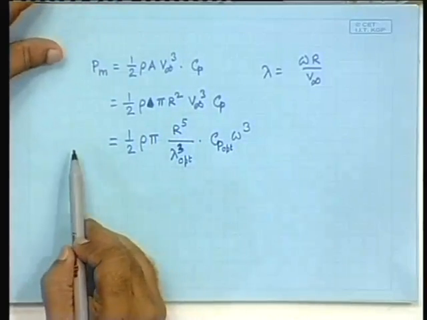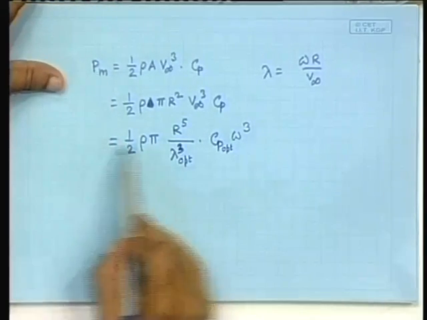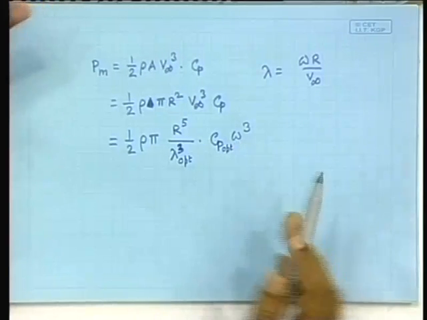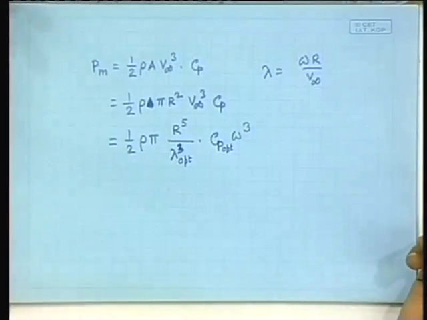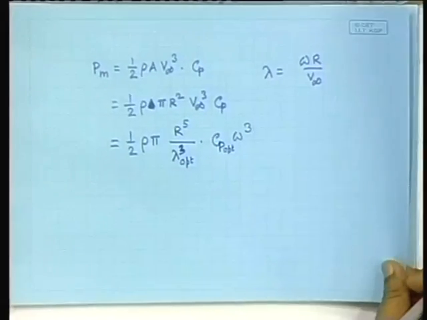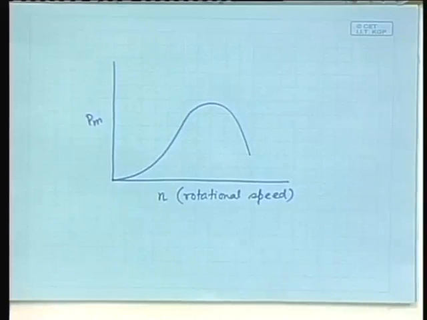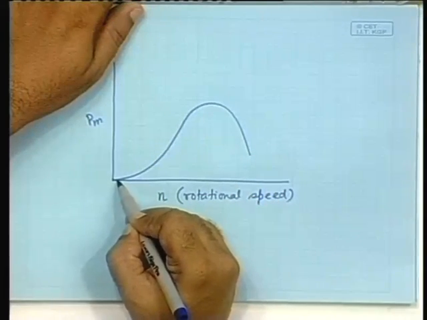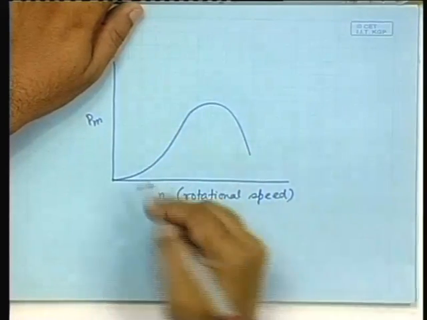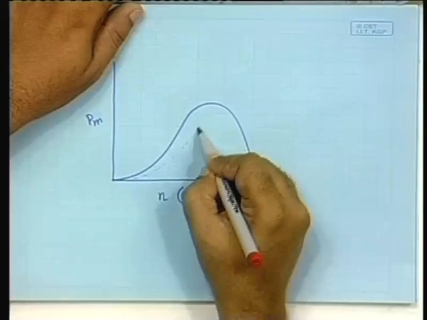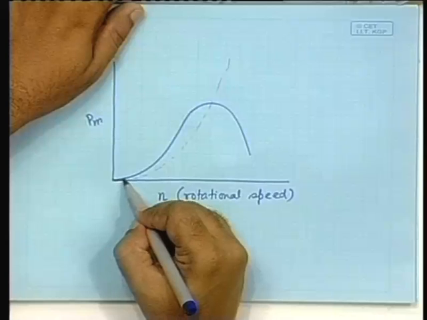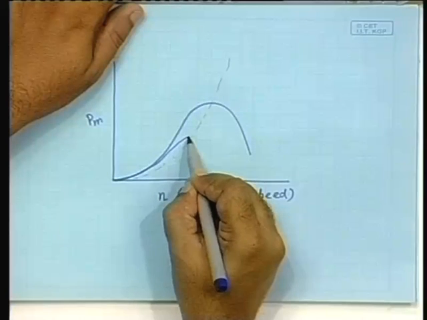Then what is the relationship between Pm and the speed of rotation? It should be cubically proportional, right? How should this character manifest itself? Let me draw the cubic characteristics. For different values of wind speed, you will have the characteristic going like this.